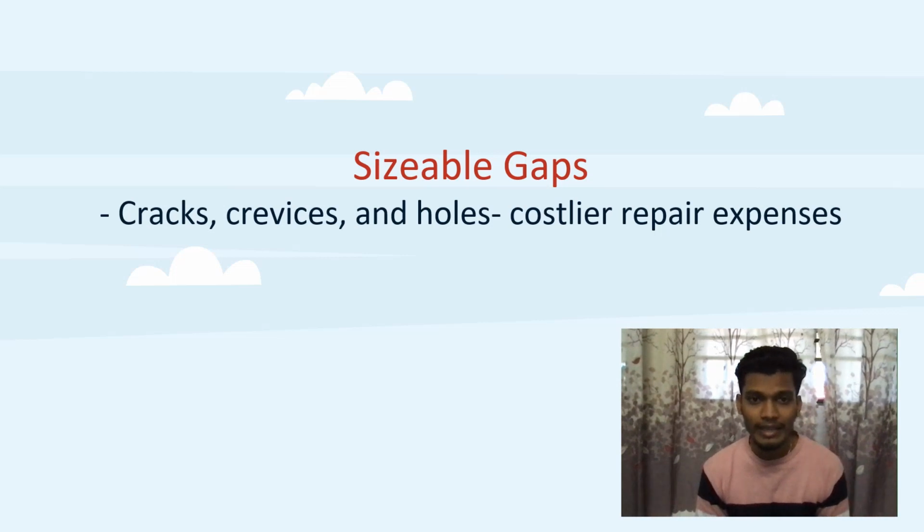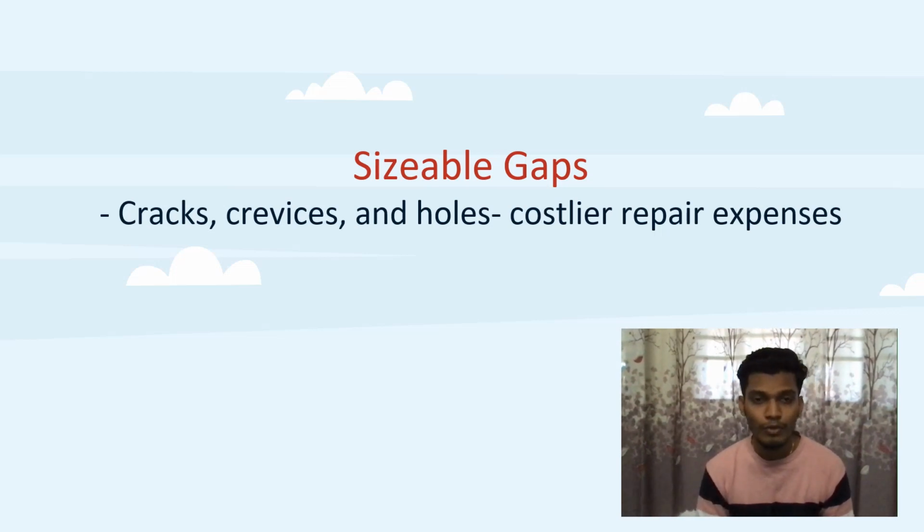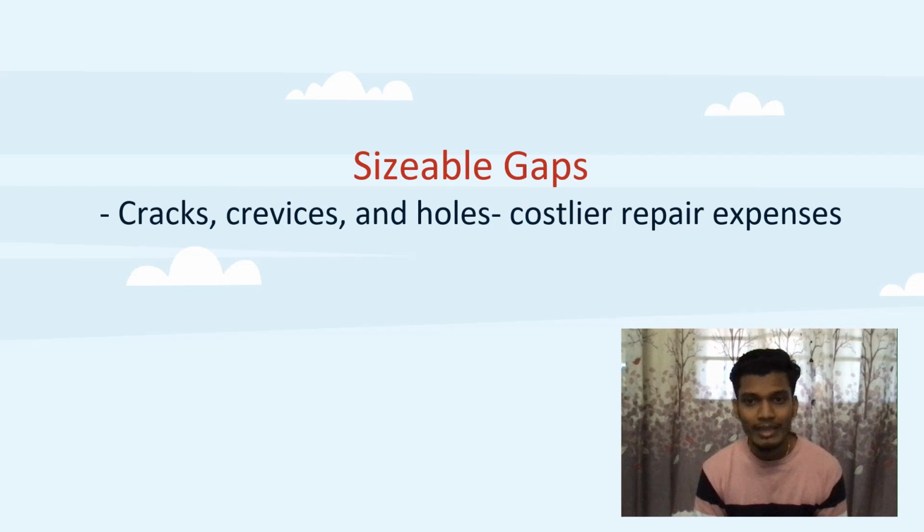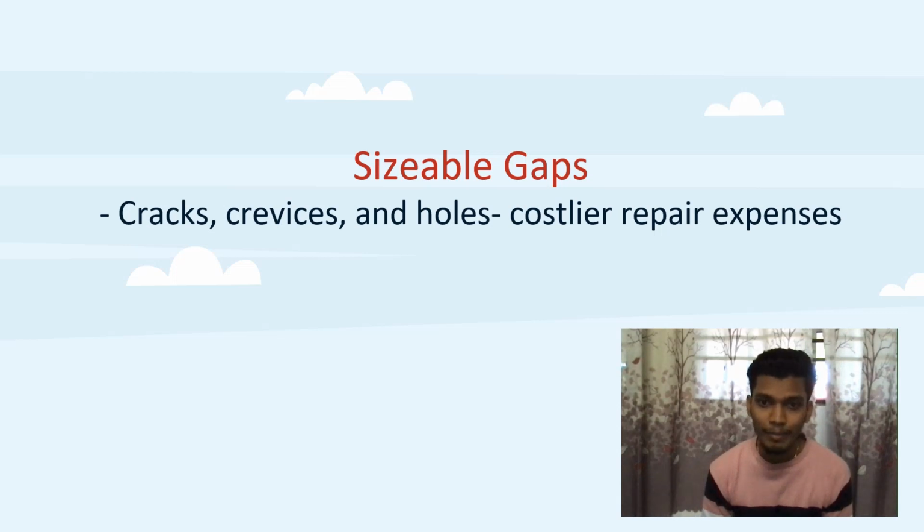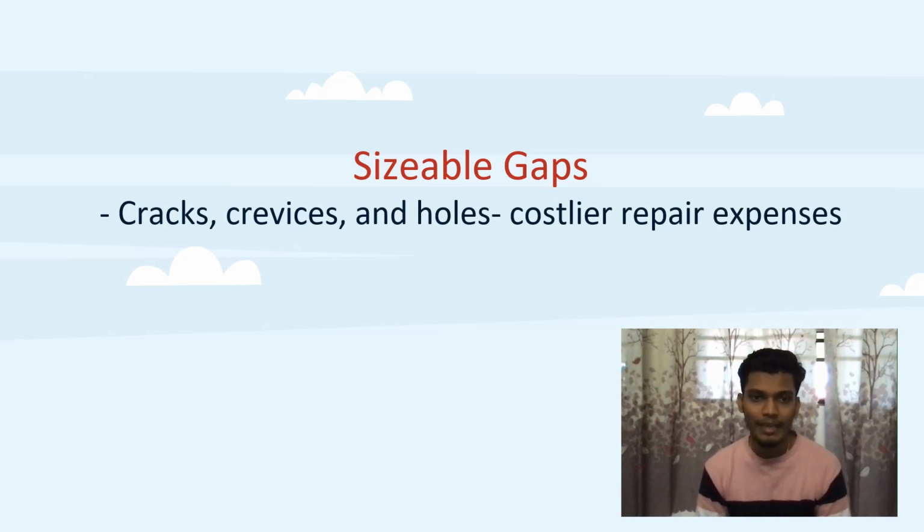Instead of letting that happen and incurring costly repair expenses, we should let a reputable steel building repair specialist fix that problem before it gets more severe or aggravated. The other indicators of gaps in steel buildings include signs of light entry, tiny pests and rodents, and increased dust particles and debris in the steel building.